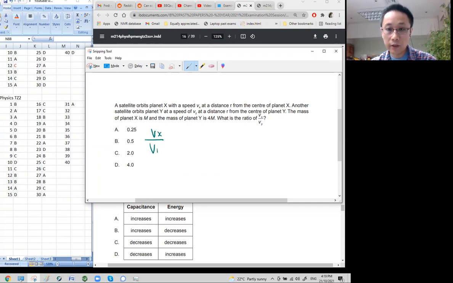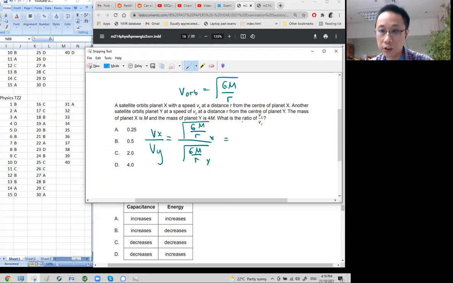Vx over Vy. It's a ratio question again, and the equation of interest here is v orbital equals root GM over r, and that's in the formula book. So G is G. You find the v ratio.